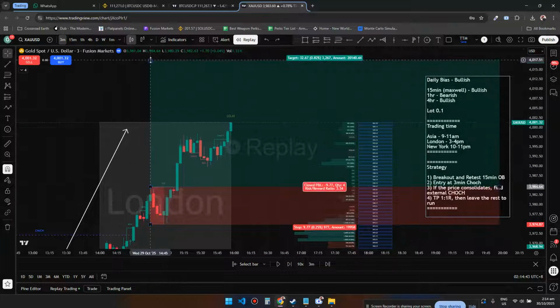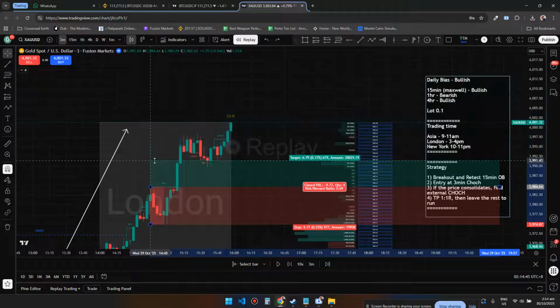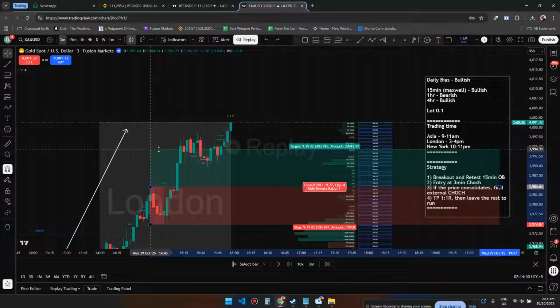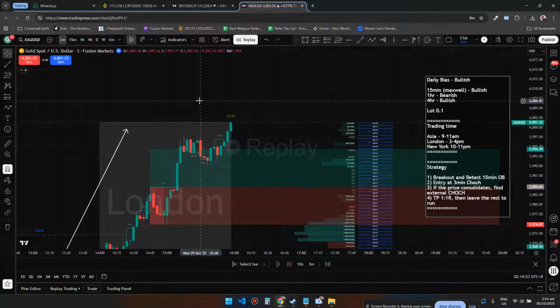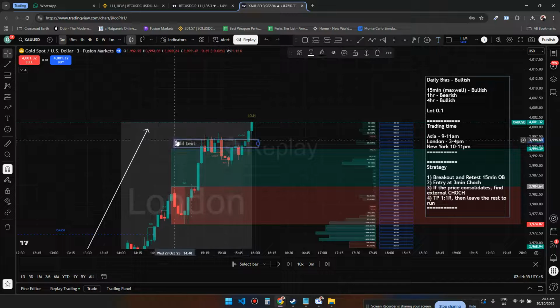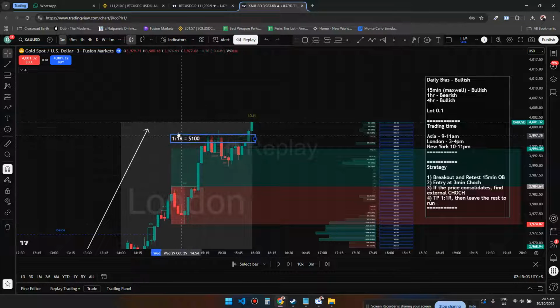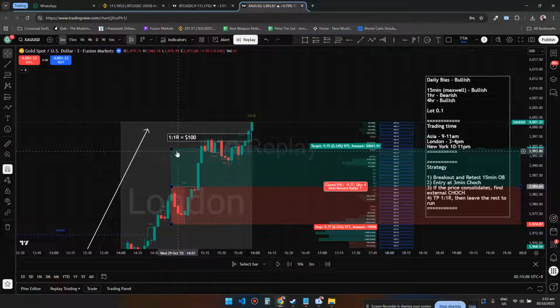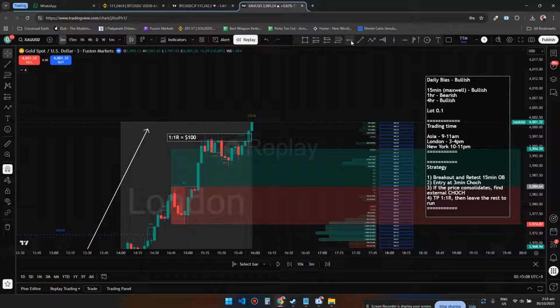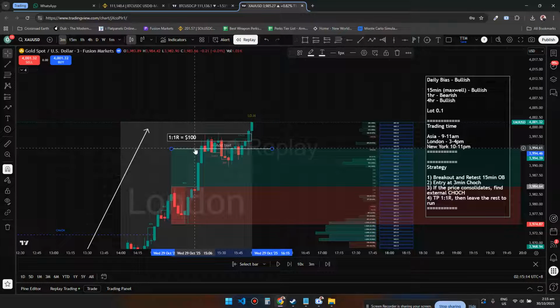First thing is I will take profit when there is a 1-to-1 risk ratio, which is around here. This is around $100 for me. And once price reaches this range, what I will do is set my stop loss to break even.